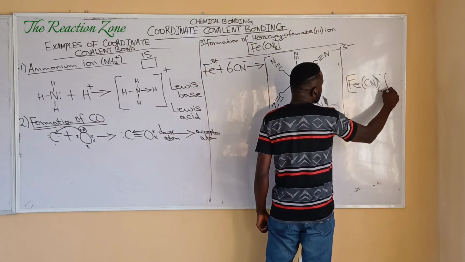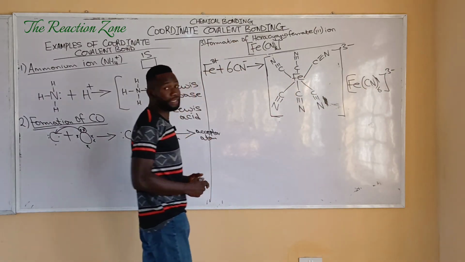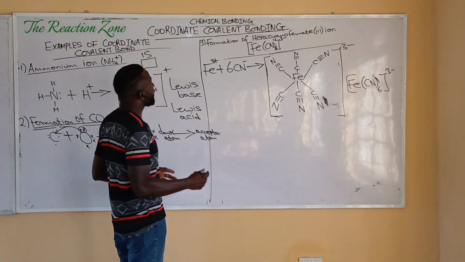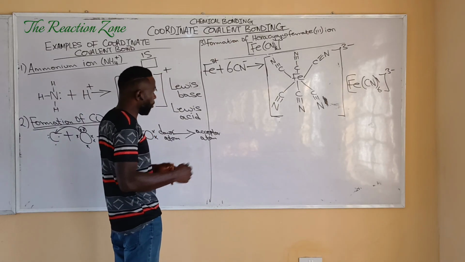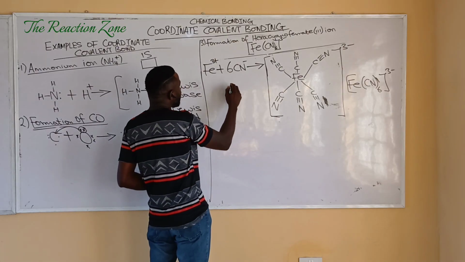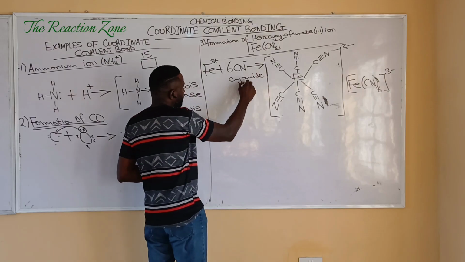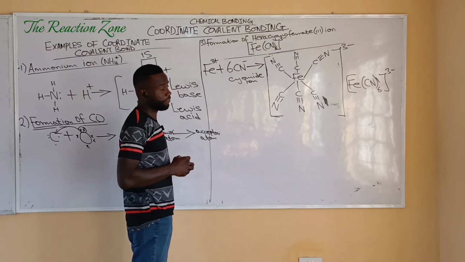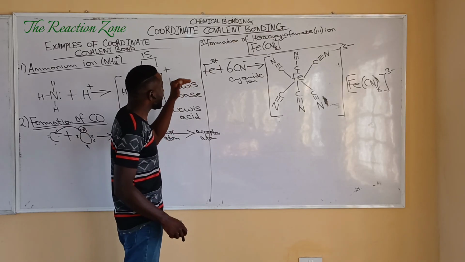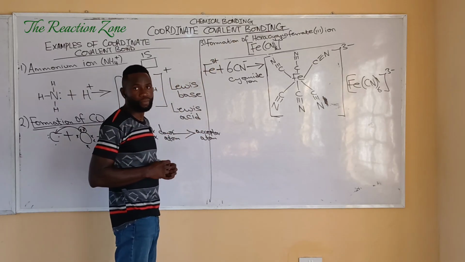hexacyanoferrate(III), [Fe(CN)6]3-. In forming this coordination compound, cyanide ion donates an electron pair to the central metal ion, which is iron 3 plus.